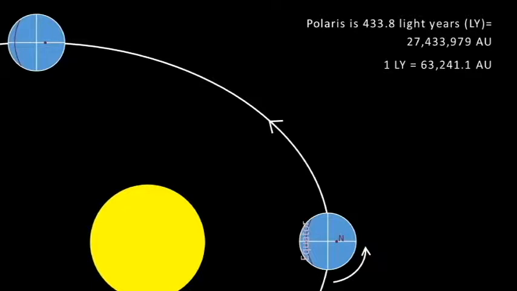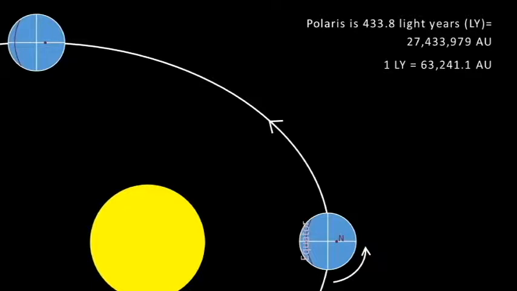That's 27,433,979 astronomical units. Remember, I showed you what an astronomical unit was before. At those distances, kilometers and miles aren't even useful. And down there, I put how many astronomical units are in a light year. So that angle is so small from our vantage point that it looks like Polaris is always due north.